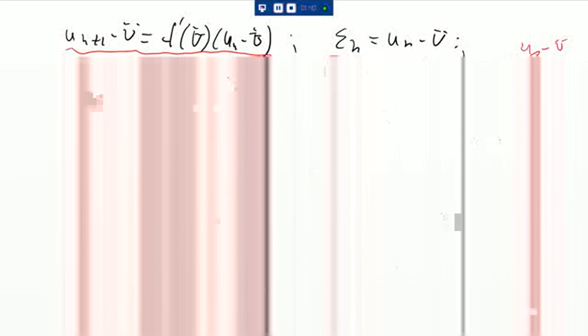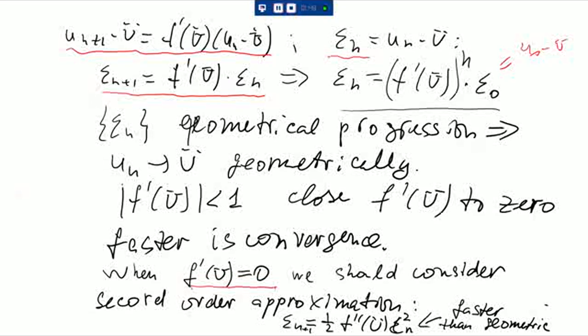And when f prime at u equals 0, it is extremely fast. In fact, we should give up on the linear approximation, because this term tends to be 0.